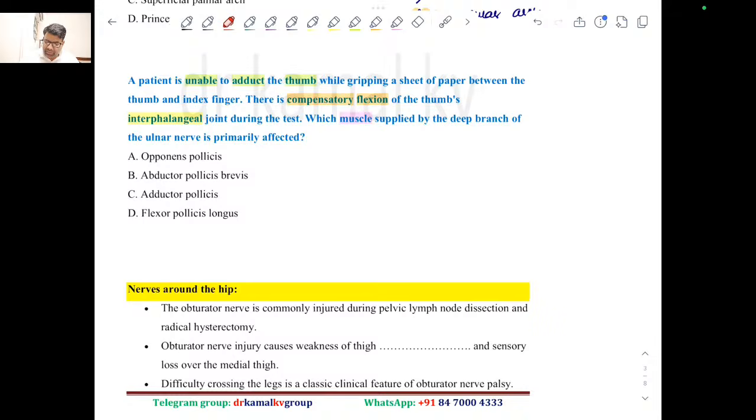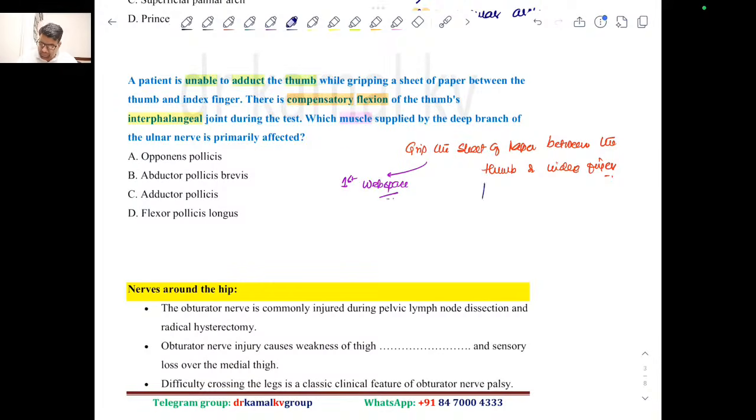The patient is told to grip the sheet of paper between the thumb and the index finger. Clear? So it means it is kept in first web space. Okay.